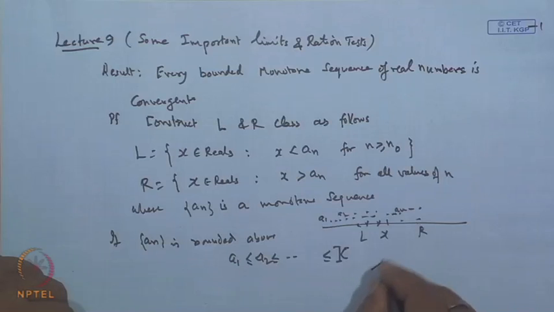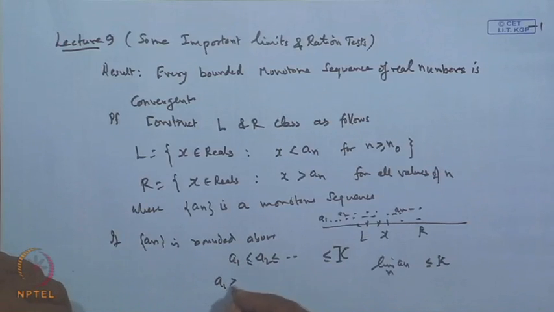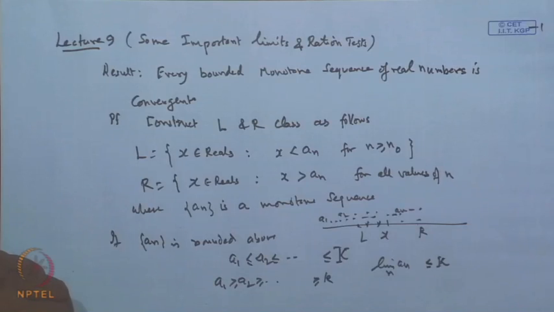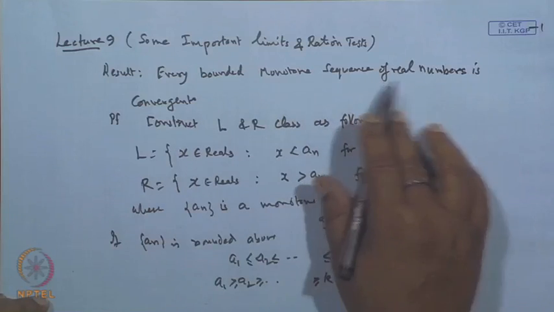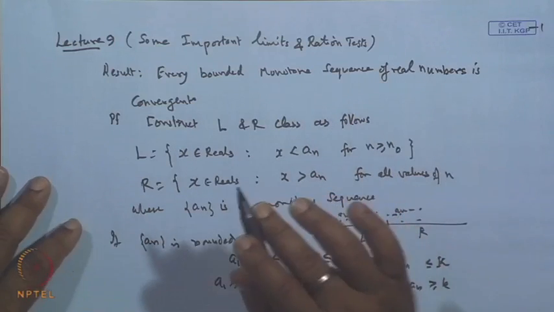So, the limit of a_n as n tends to infinity will be less than or equal to k. Similarly, if each term is greater than or equal to small k, then the limit of a_n as n tends to infinity will be greater than or equal to small k. So, it will be bounded. It means every bounded monotone sequence of real numbers is a convergent sequence.